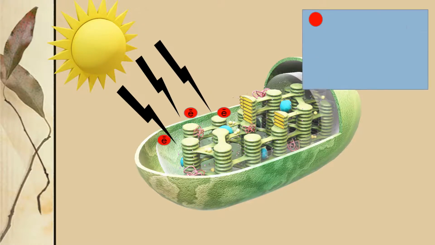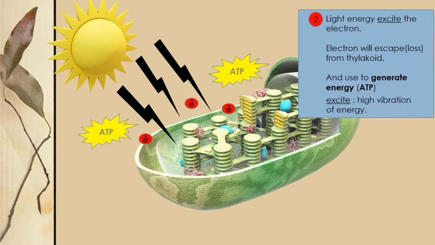Next, light energy excites the electron. Excite here means the electron vibrates vigorously, a vibration of energy. It's not excited as in happy or whatsoever; it's about the high vibration of energy.